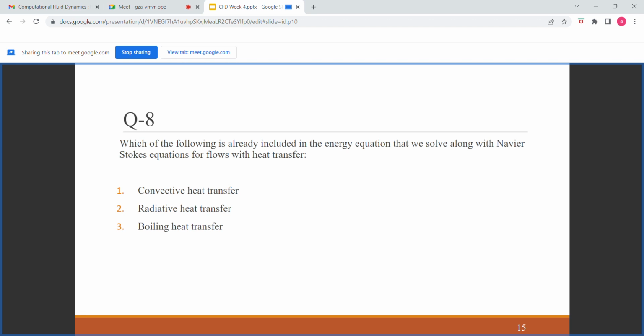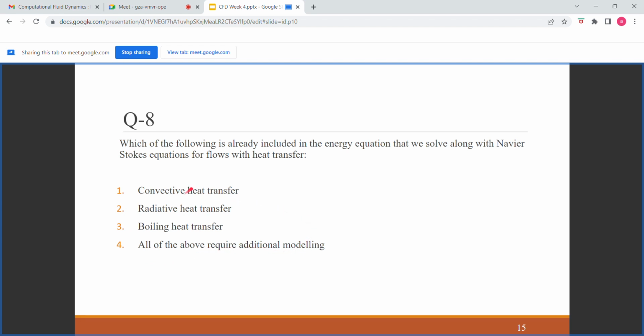Condensation, boiling and so on require separate modeling equations. The radiative effect would obviously dominate at a higher temperature, so it is not used in this energy balance equation. The convective heat transfer equation is the only one involved. The fourth option says all of the above require additional modeling.